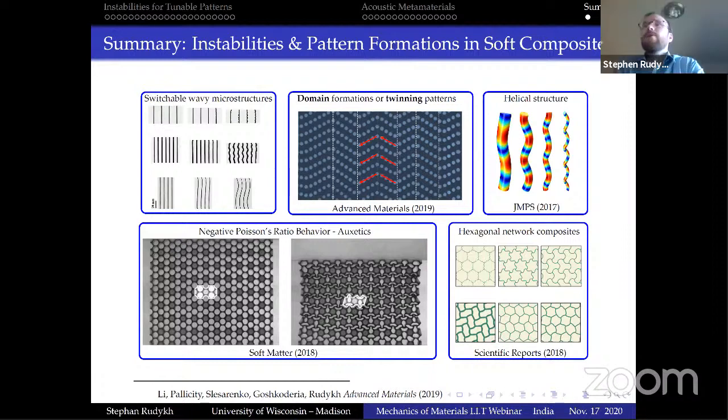Thank you. That's a very good question. Some of these patterns are less sensitive than others. For example, the ones with collapsing voids would almost ignore any imperfections until they become very large.